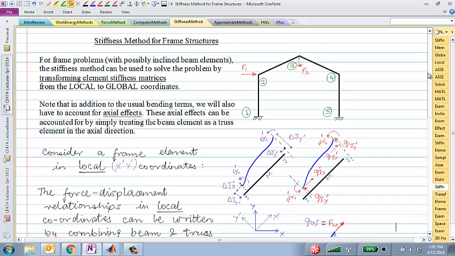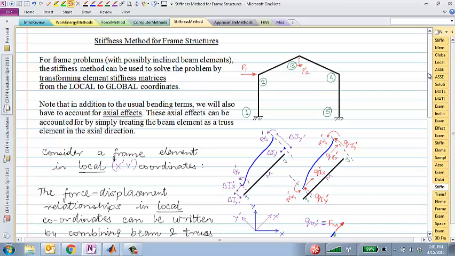So, for example, this portal frame with an inclined roof, that's a frame structure where the underlying behavior of this system is a combination of both bending and axial deformations. And we will still be neglecting shear deformations because we assume that all the beam elements are thin beams, right? There will be shear forces, but there won't be any shear deformations.